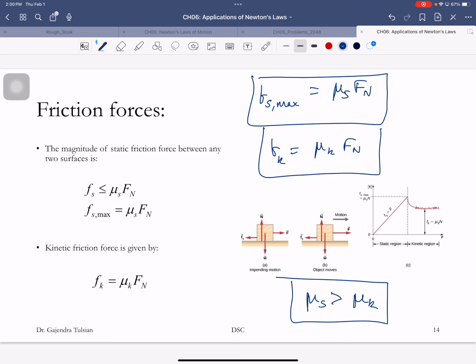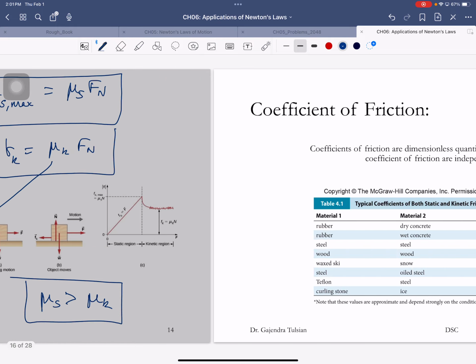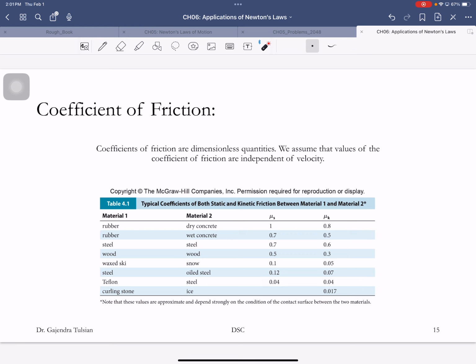Only in very rare cases can they come very close together. These are called coefficients of friction, mu s and mu k, and they measure the stickiness.